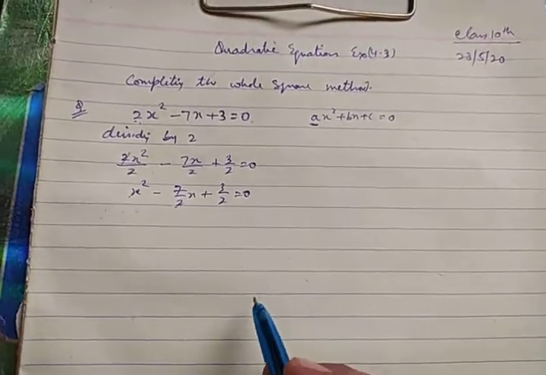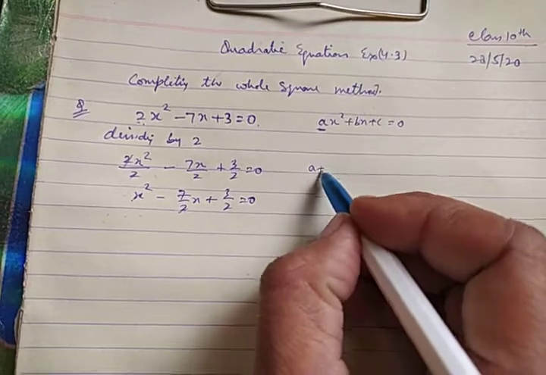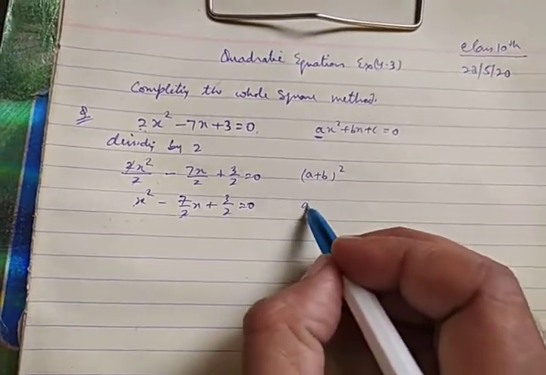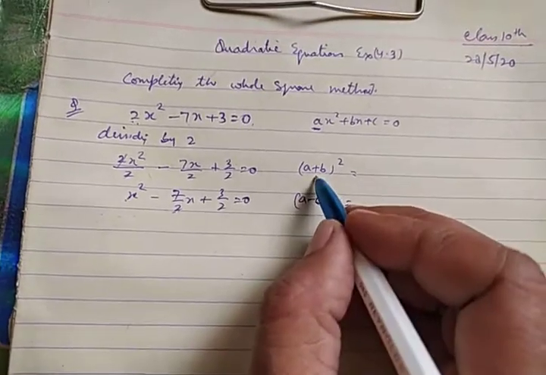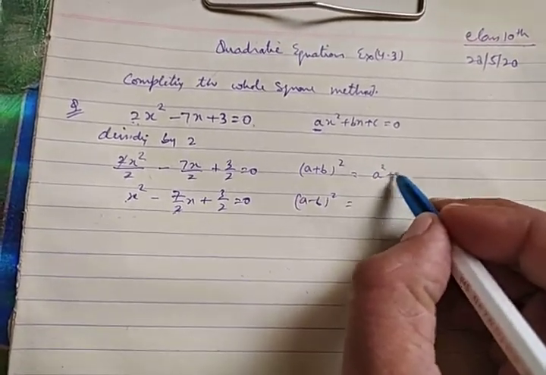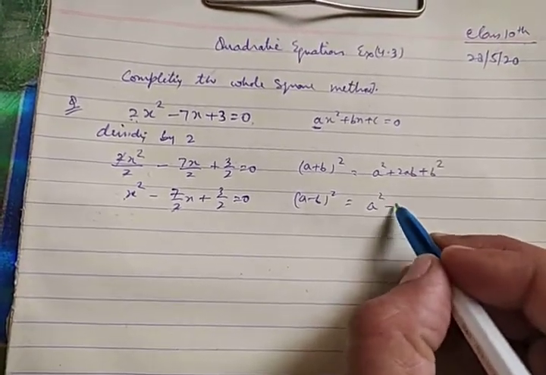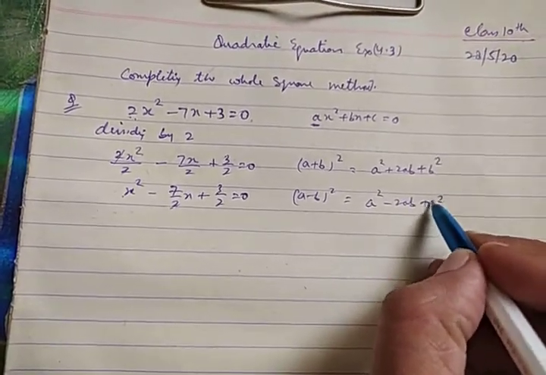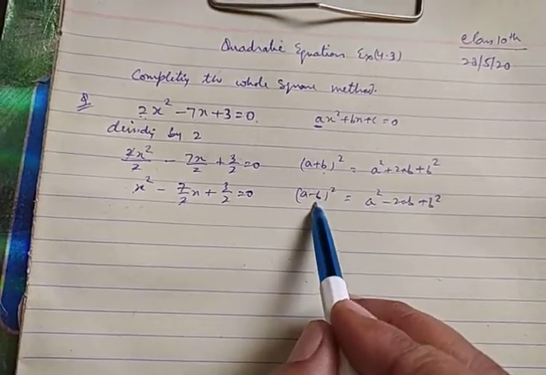Now completing the whole square means you will follow either of two forms, a plus b whole square or a minus b whole square. On expansion, a plus b whole square gives a square plus 2ab plus b square, and here a square minus 2ab plus b square. What is the difference between the two, a plus b or a minus b?